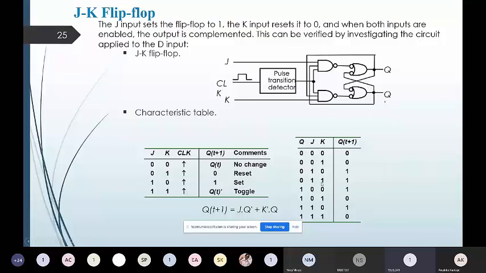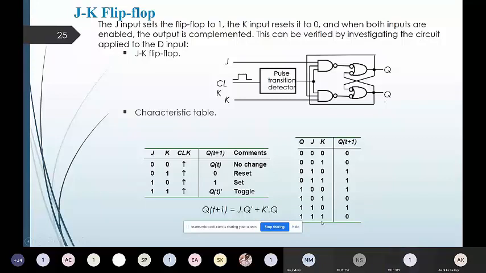Similarly, if I have the present output state as 1, with respect to that also, both J and K will have the input combinations changed again as 0 0, 0 1, 1 0 and 1 1.